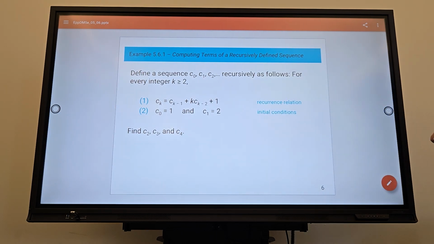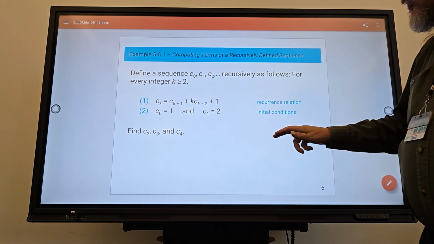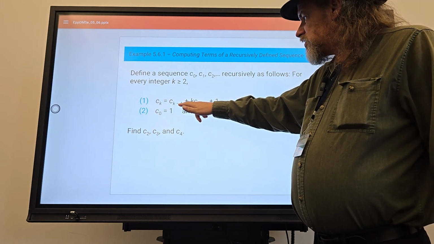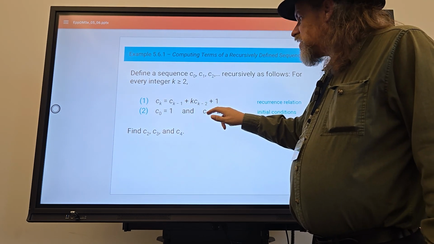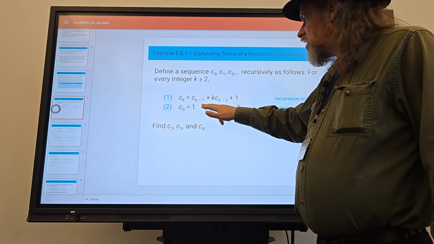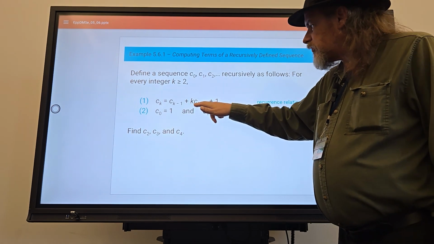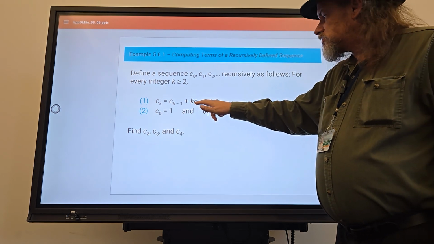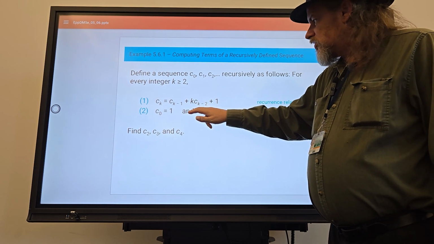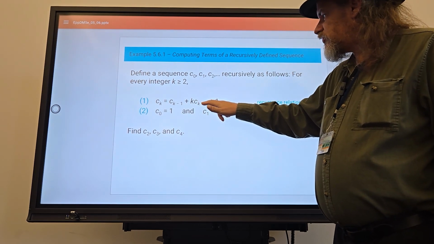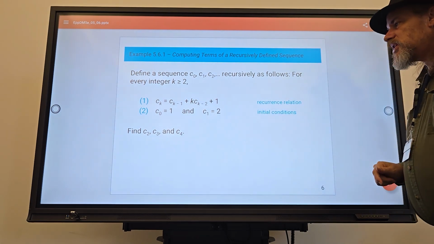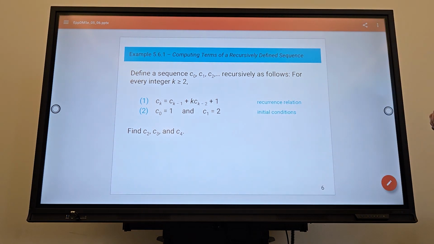Find c2, c3, and c4. Anyway, so c2 would be c sub 2 minus 1, or c1, or 2, plus 2 times c sub k minus 2. c of k minus 2 is 1, so it would be 2 plus 2 times 1 plus 1, so it would be 2 plus 2 plus 1, or 5.